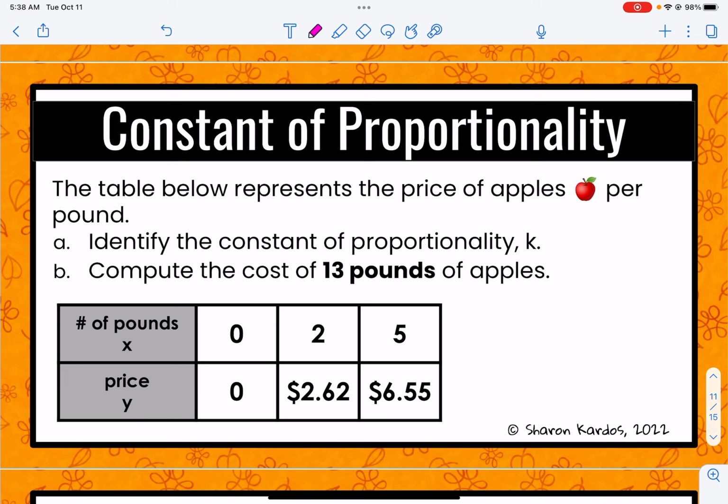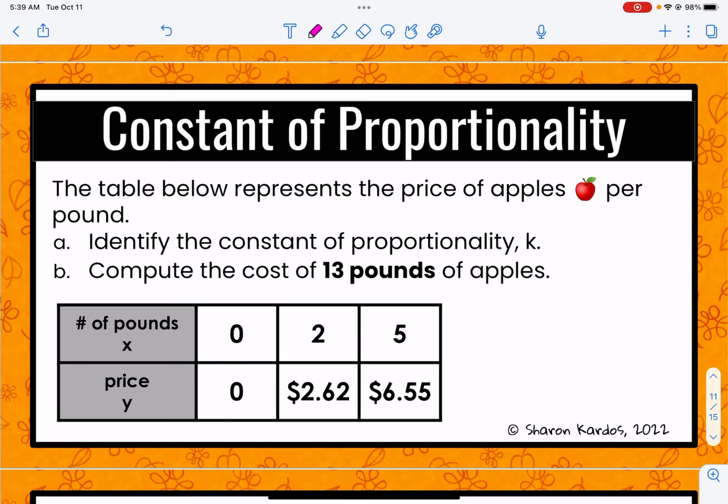It asked me to identify the constant of proportionality k, and then to compute the cost of 13 pounds of apples. So I can see, obviously, if I don't buy any pounds, it's not going to cost me any money, right? And if I buy 2 pounds of apples, it would cost me $2.62, and if I bought 5 pounds of apples, it would cost me $6.55.